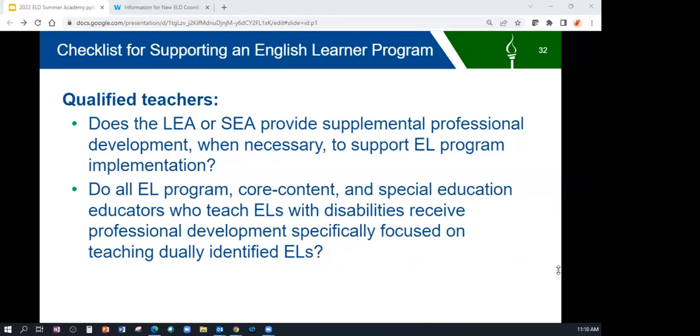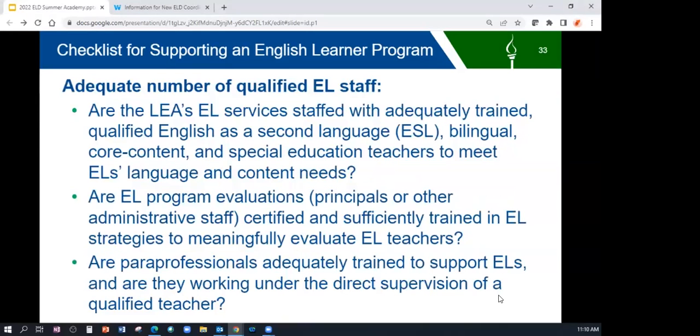Everyone who works with English learners, as I said, should receive professional development, and should be able to go to conferences that deal with English learners, so that they have the necessary skills to work with them. We also need to make sure that you have an adequate number of qualified staff.